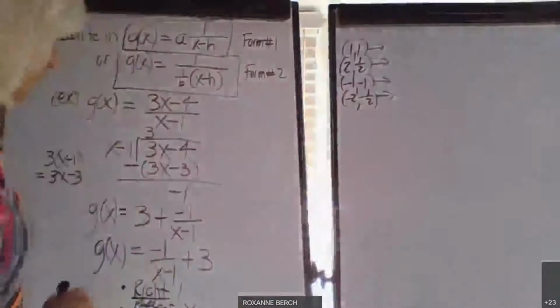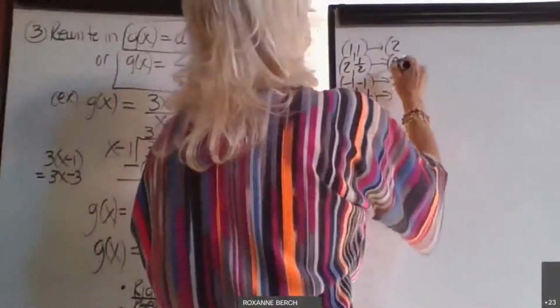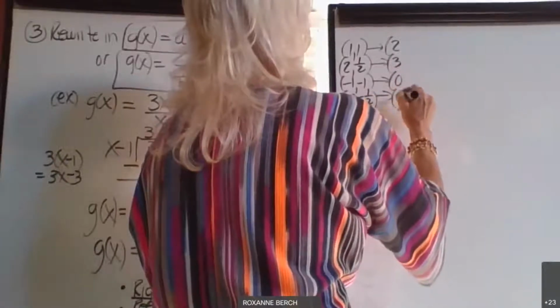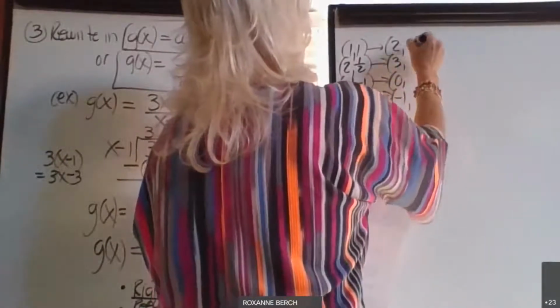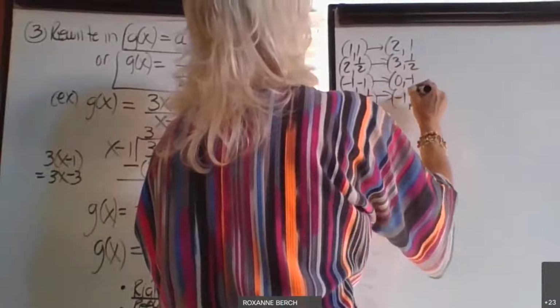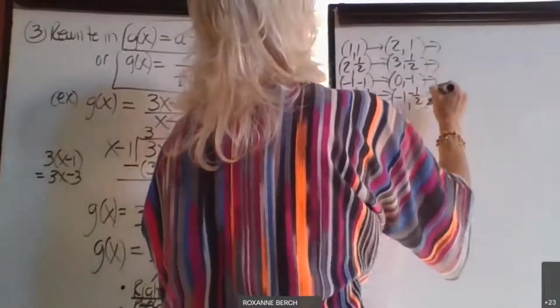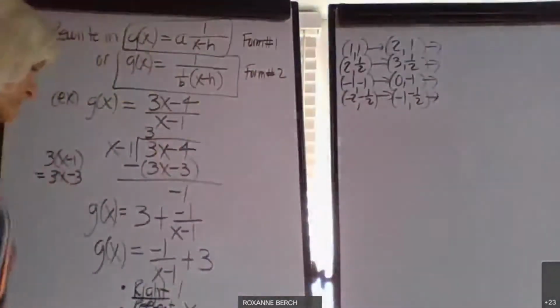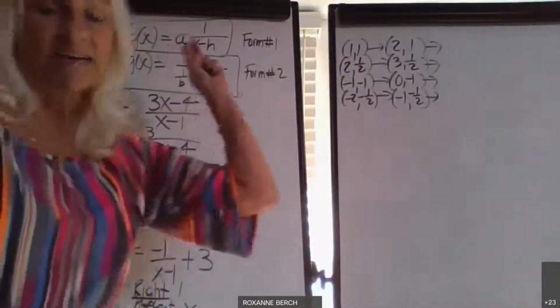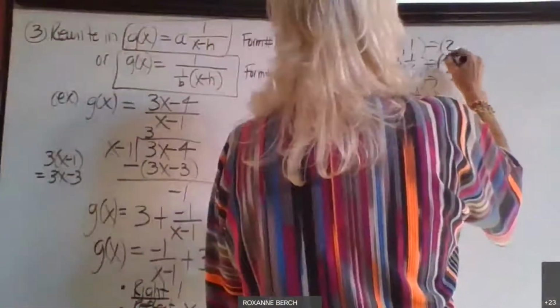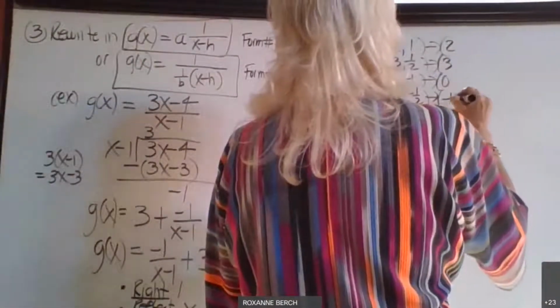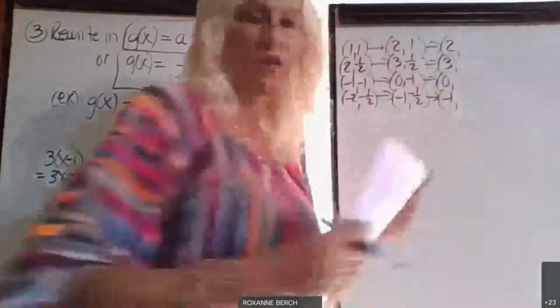So here we go. We're going to go right one, right one, right one, right one. We're going to reflect X, which means negate the Y. Look at my arm.